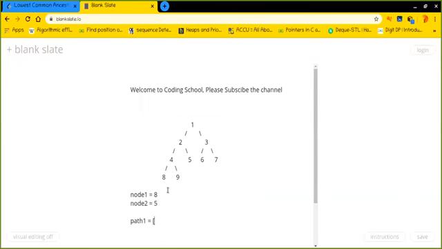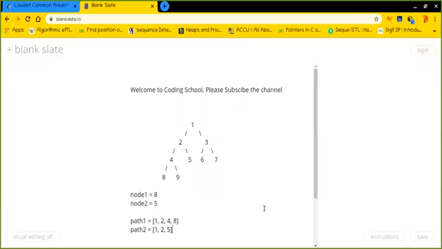Path 1, which is to reach 8, is an array: 1, then 2, then 4, then 8. Similarly, path 2 array is 1, then 2, then 5.